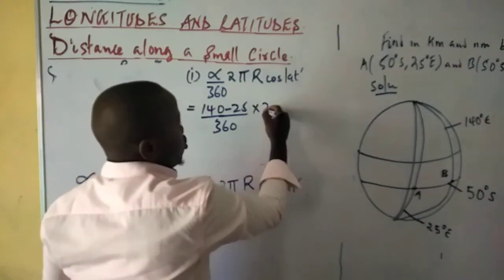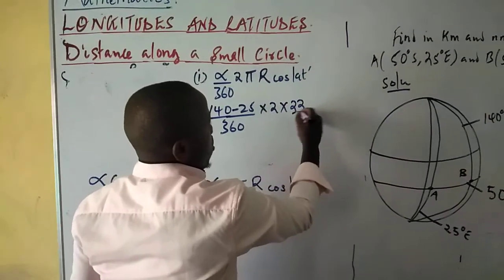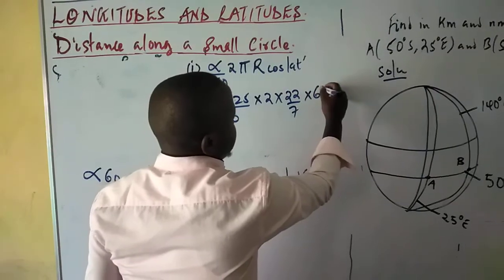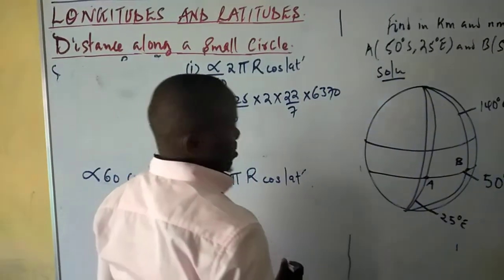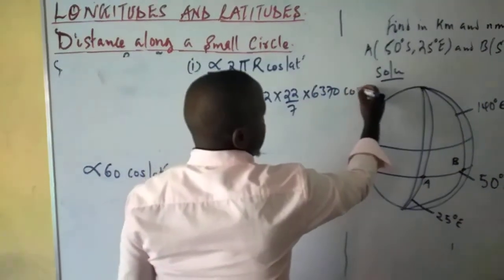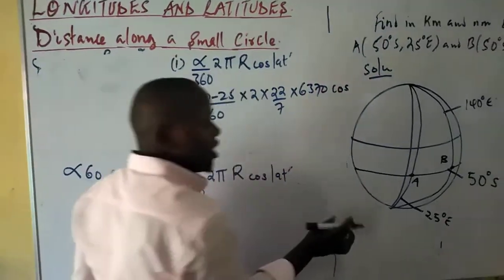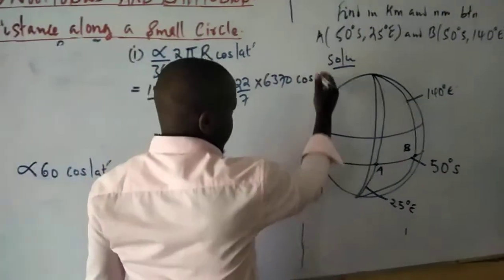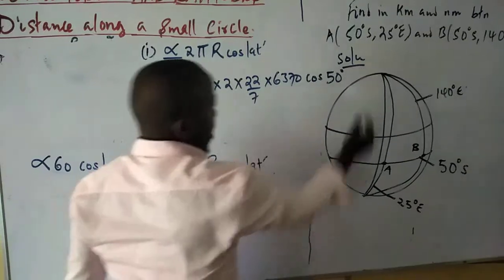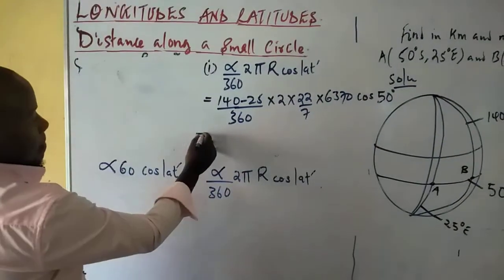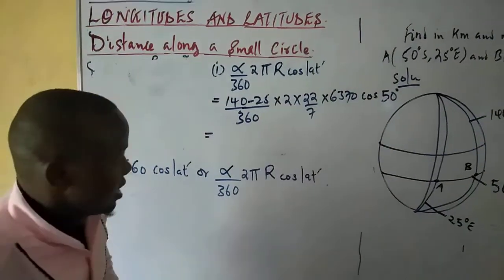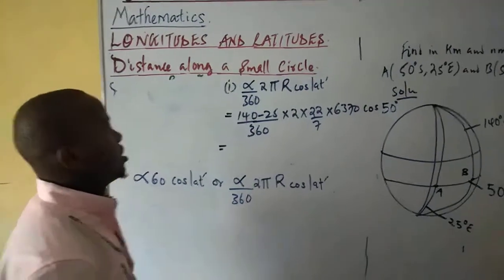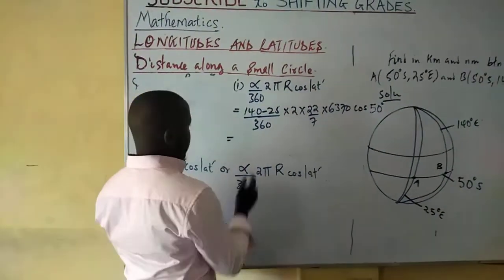We multiply by 2 pi, 22 over 7, and 6370, which is the radius of the earth, times cos of the latitude. They are on latitude 50. Therefore, the difference between 140 and 25 is 115.